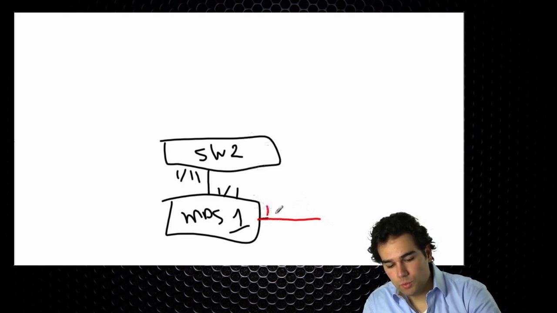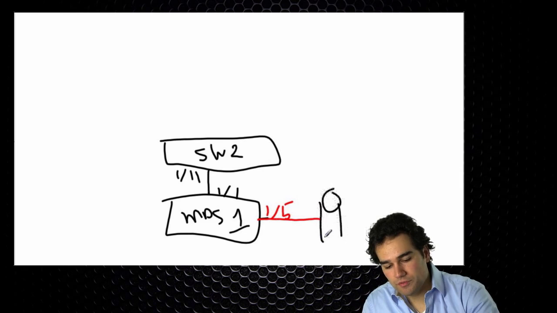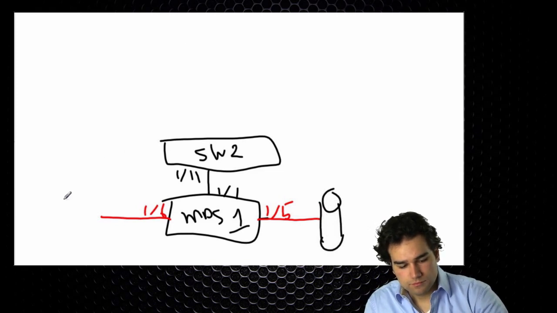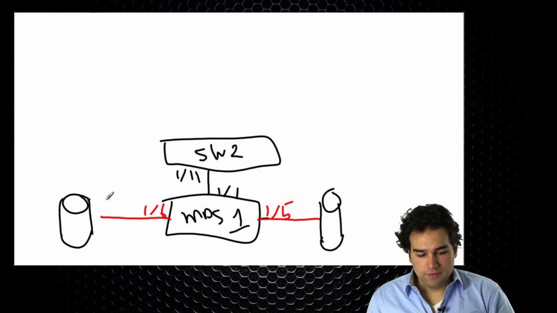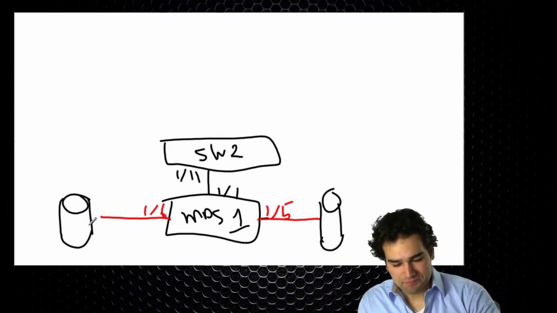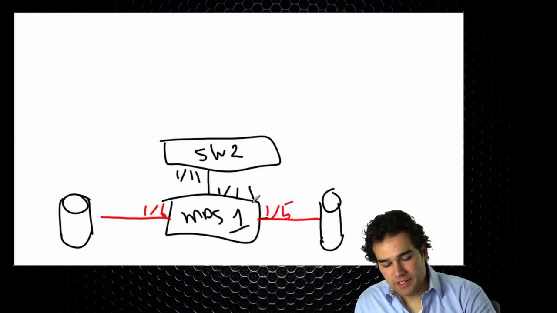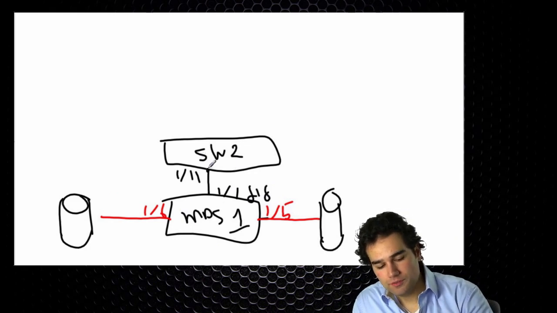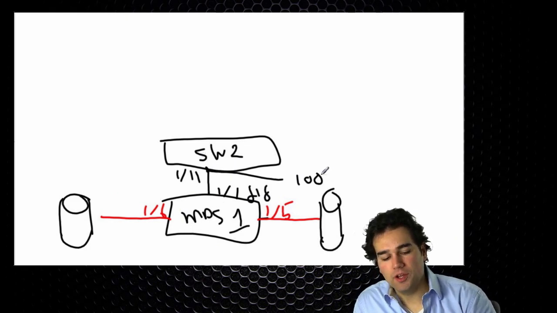So on port FC1/5, I have a disk, or a number of disks, and I also have some disks on 1/6, or a Mac Pro on 1/6, whatever you want to see in it. So I'm running this on gig 1/1 connected to 1/11. This port is configured for access VLAN 100.